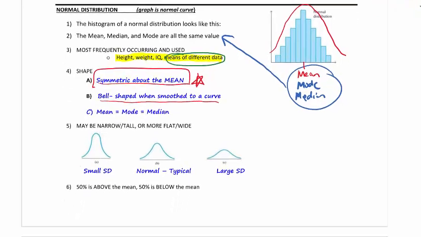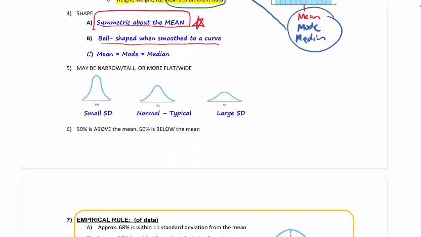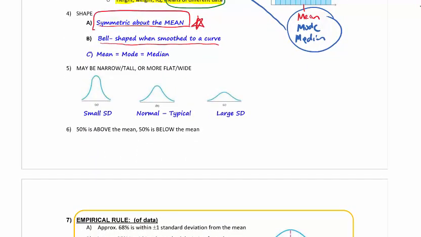So looking at number 5, this is just a relationship because all of these are normal curves. That's what I want you to realize. These are all normal curves because notice that they are bell-shaped, and the median, mean, and mode are the center, but I want you to understand the distribution.